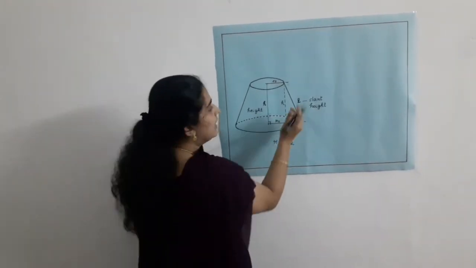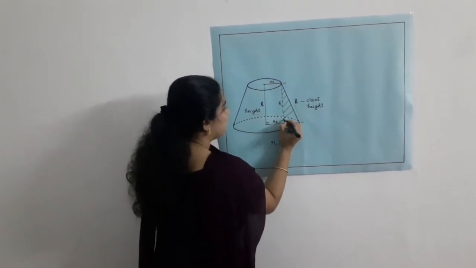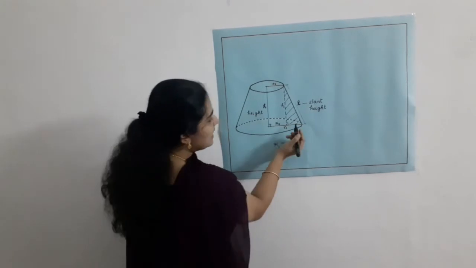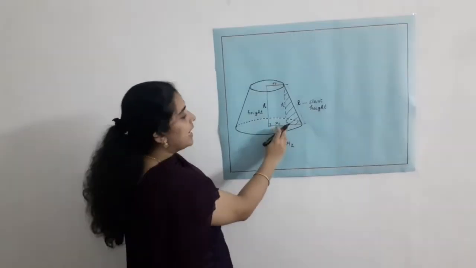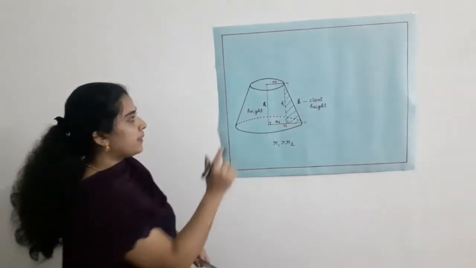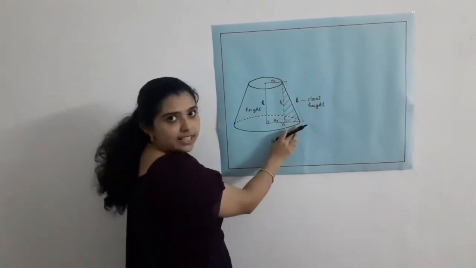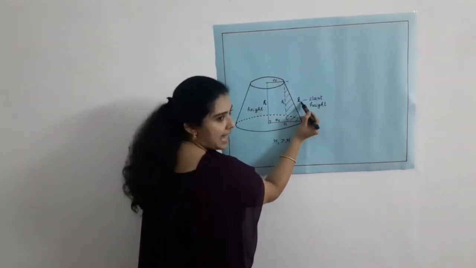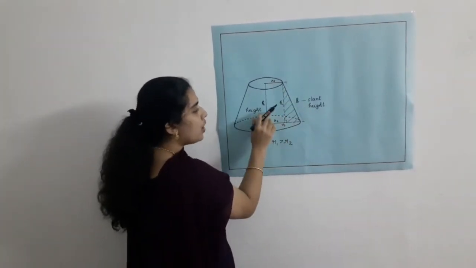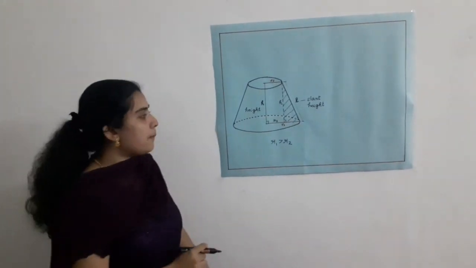Now let's consider this triangular shape. Since the angle formed here is 90 degrees, it will be a right angle triangle. Then the hypotenuse of this right angle triangle is given as L and the altitude is given as H. Then next we have to consider the base side.